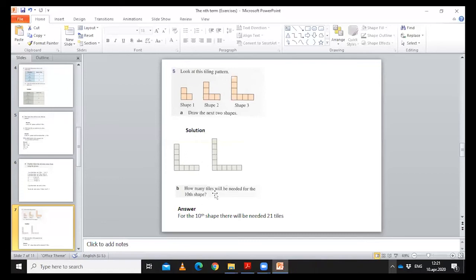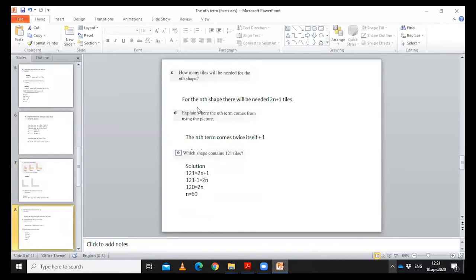For B, how many tiles will be needed for the 10th shape? Following the same difference of 2 each time, we will find that for the 10th shape, 21 tiles will be needed. C, how many tiles will be needed for the nth shape?